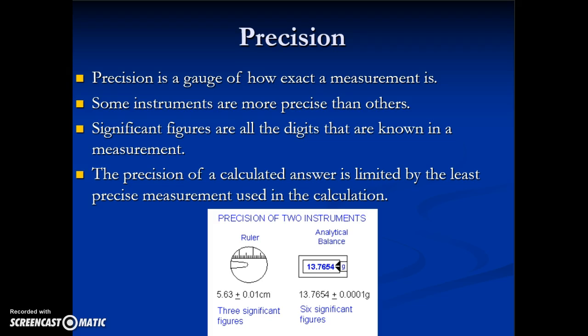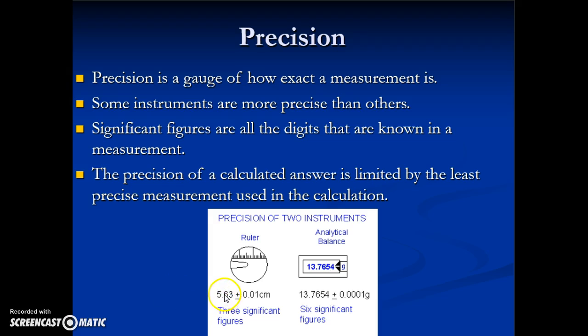So here we've got measurements taken by 2 different instruments. A ruler or a meter stick is accurate to 1/100th of a centimeter, which is the limit to its precision.